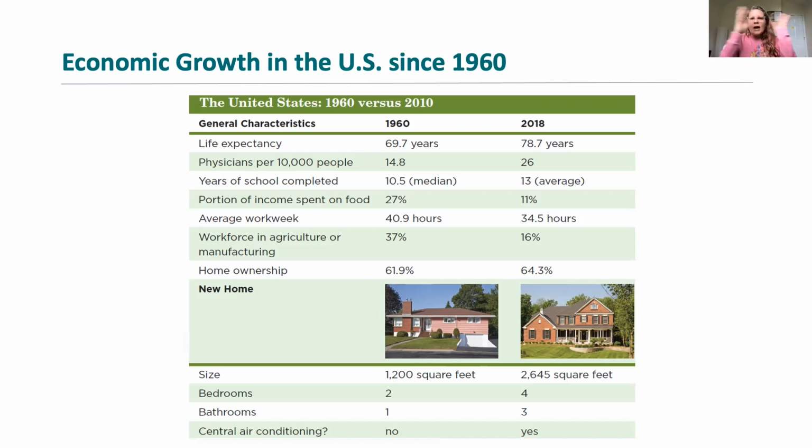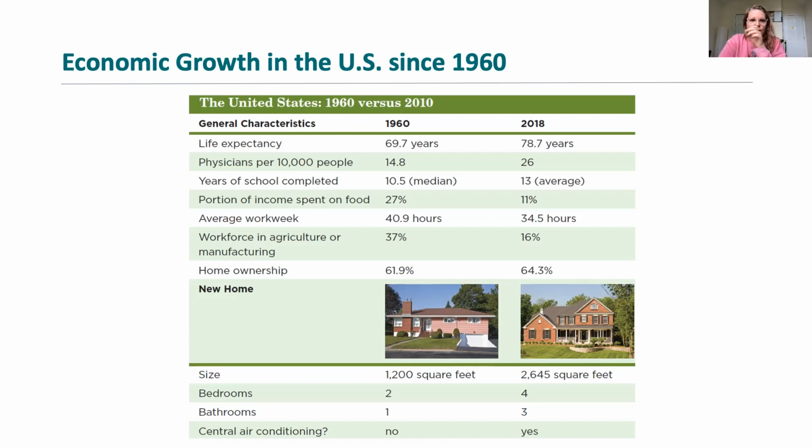So just rounding this out and looking at our own country, the United States, this just gives you an idea of how much the US economy has grown in the past 50 or 60 years. And one of the ways that you can tell this is even just by the size of houses as an indicator variable.